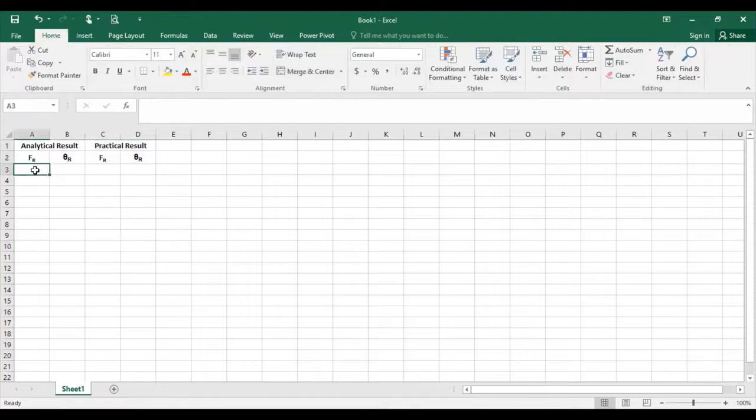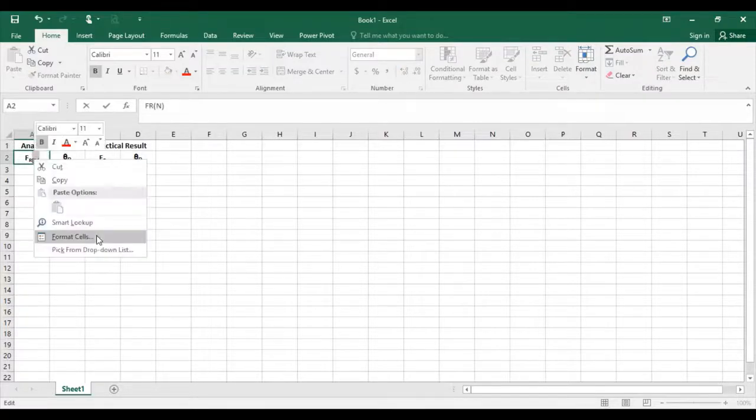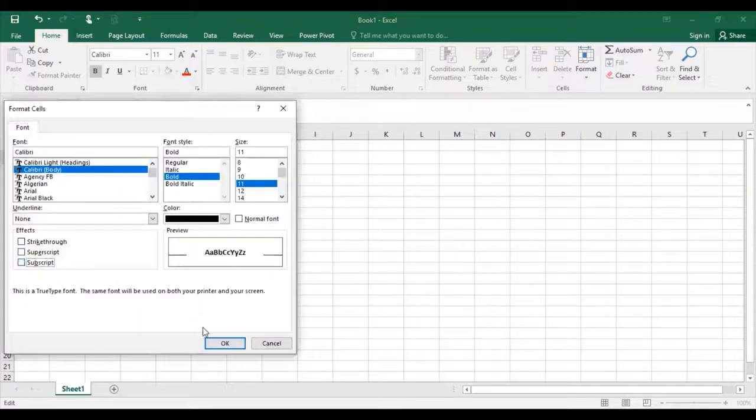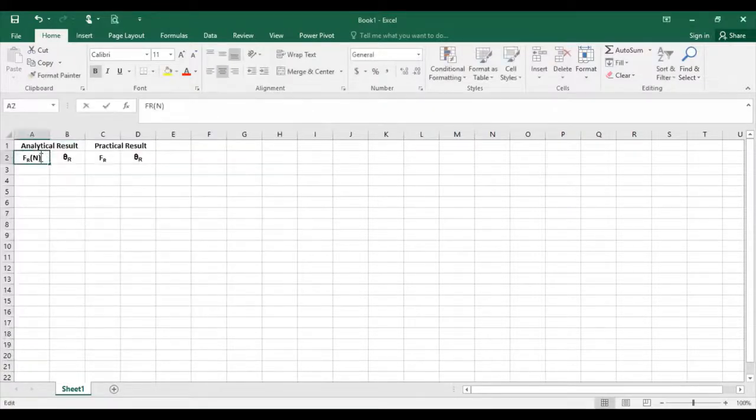So I am just taking imaginary values, and for example, FR is in Newton. Obviously it is taking it as subscript, so let me select it, copy this one and paste it here.